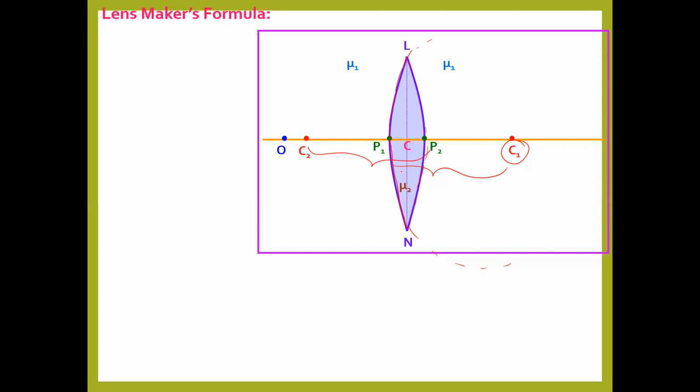So these are the basic ideas of how we can draw a lens. And here is the object placed at a point O. This is a situation where the point object is placed like this, but it is possible that it may be placed in between the center of curvature and the center of the lens, or nearby any place.